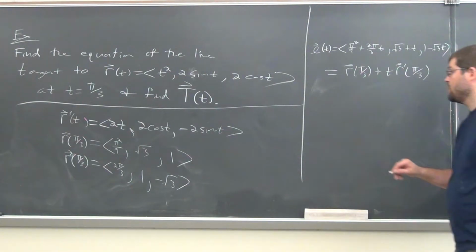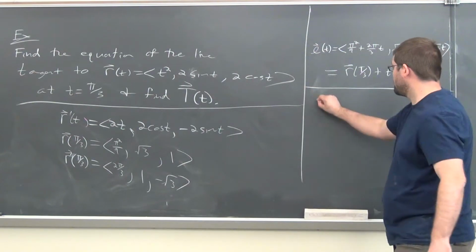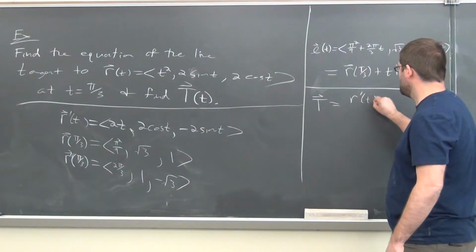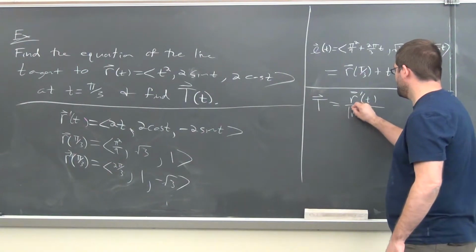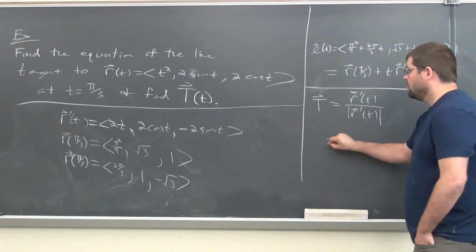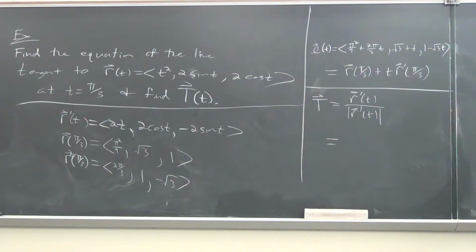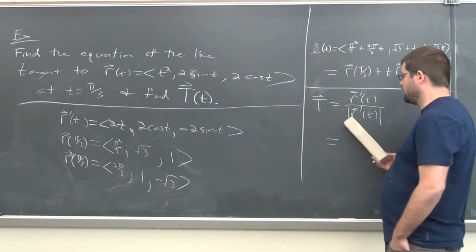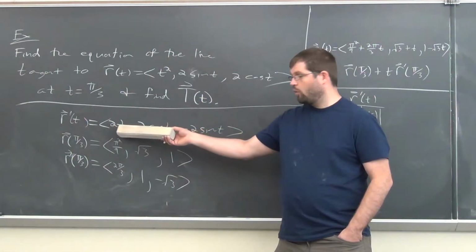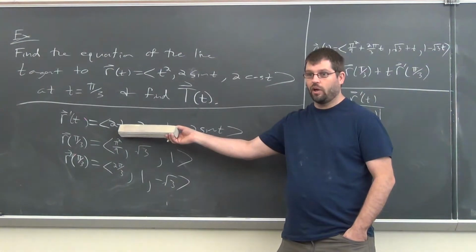What about the unit tangent vector then? So capital T is just r prime over the magnitude of r prime, right? So what's the magnitude of r prime? That's just a function of t. It's the square root of 2t squared, right?